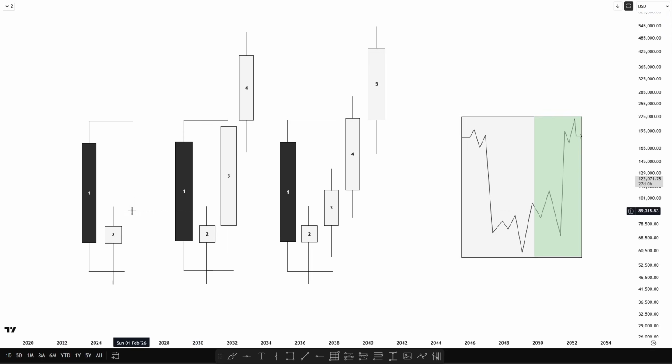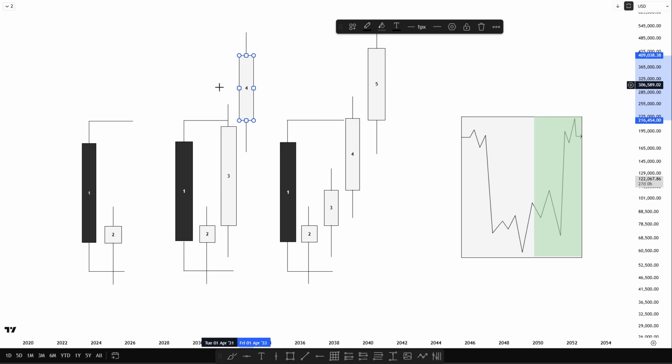So the first one is the closing side. We want to treat candle number 3 as an expansion candle, and if you miss candle number 3 and a swing low is formed, you can still expect an expansion on candle number 4.